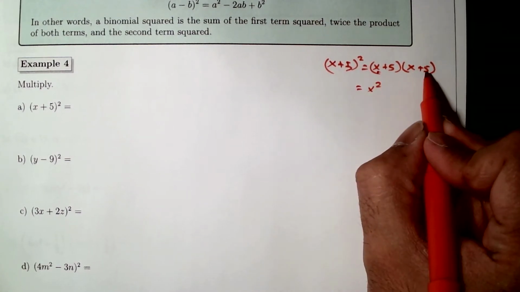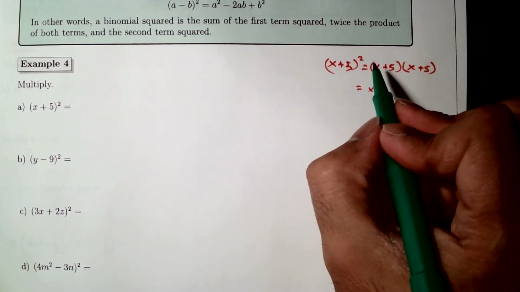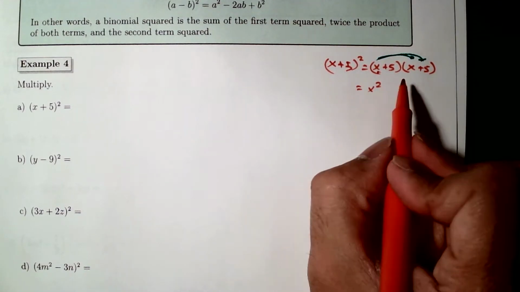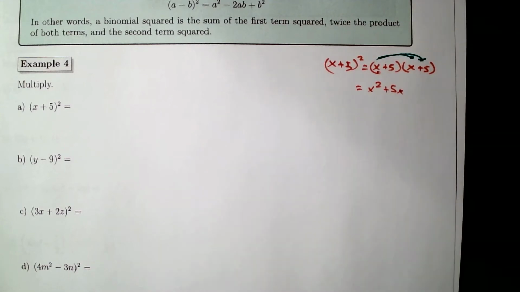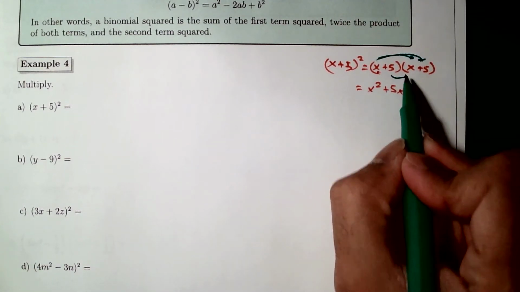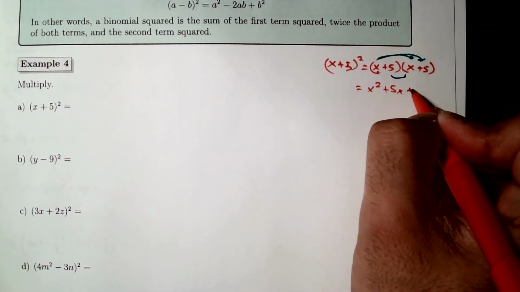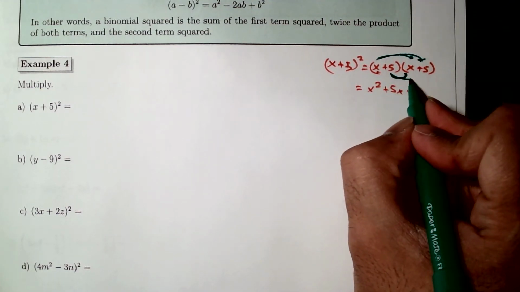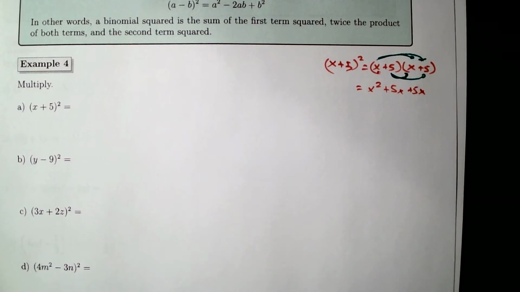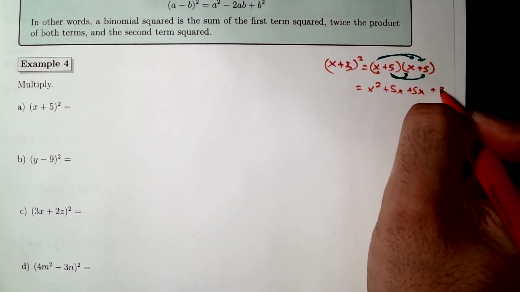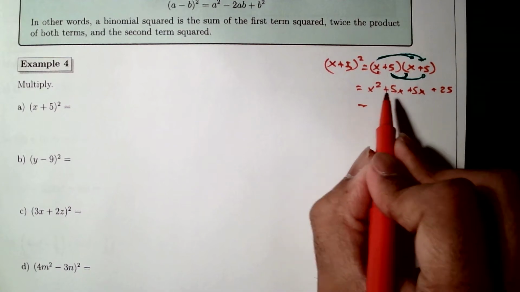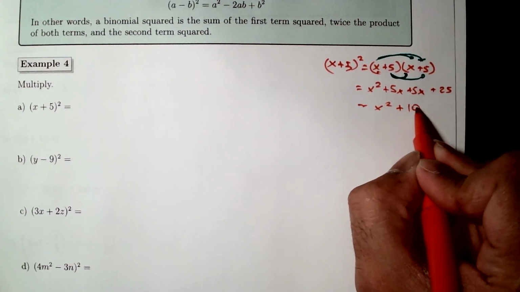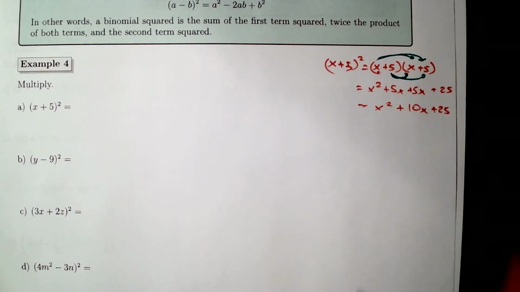And then, actually, let's do the foiling. x times x, and then x times 5. x times 5 is 5x. 5 times x, which is 5x. And finally, 5 times 5, which equals 25. So combining like terms, x squared, 5x plus 5x, that's a 10x plus 25.